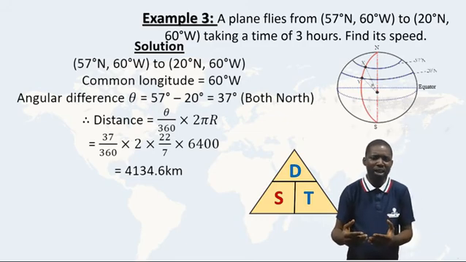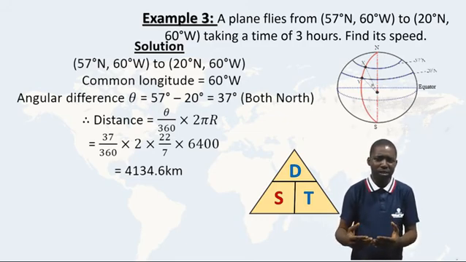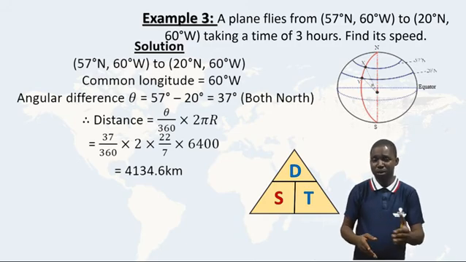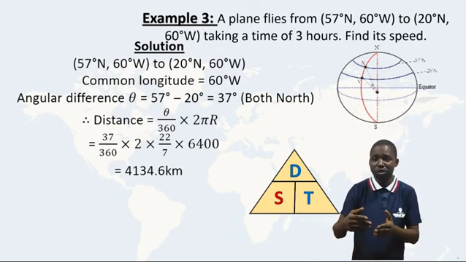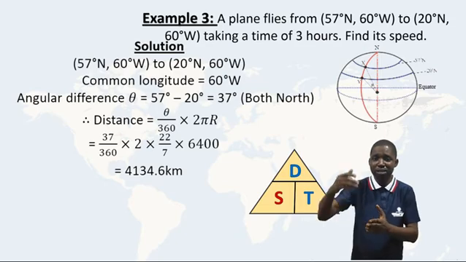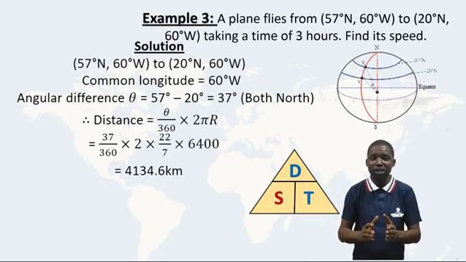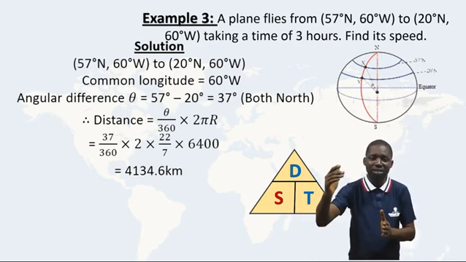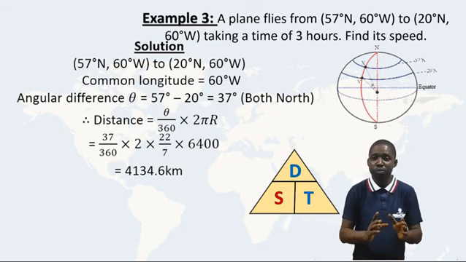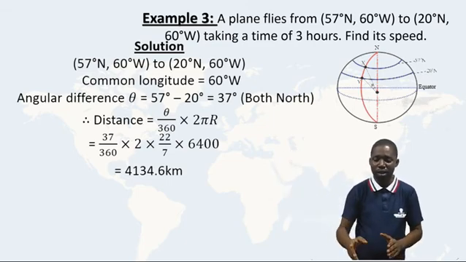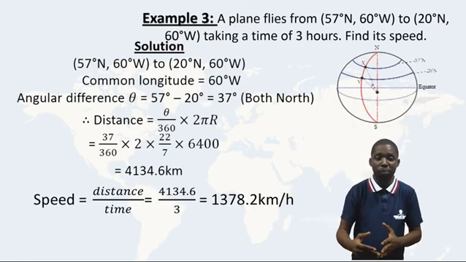Now if I want to get my speed, which is down, speed is what I want to get from the triangle I have. It is distance up, time down, meaning speed equals distance over time. Again, speed is equal to distance over time. I've just calculated my distance as 4134.6.